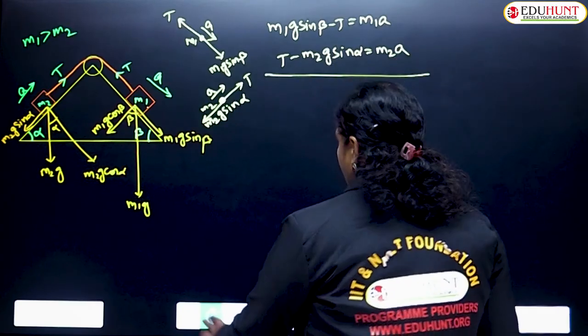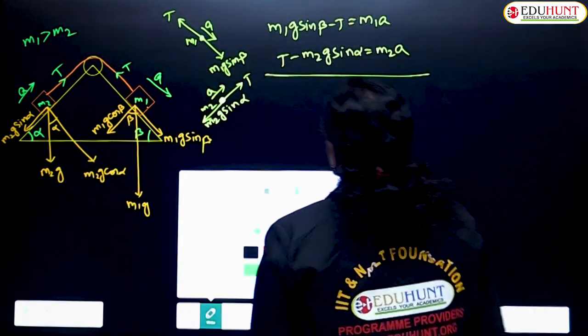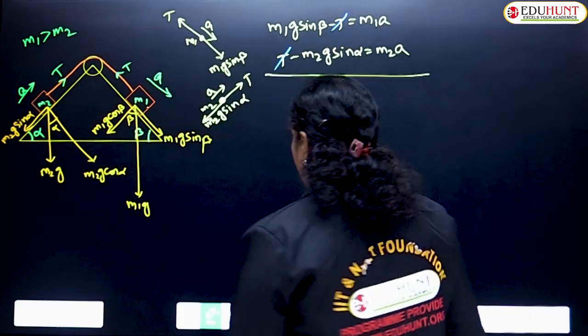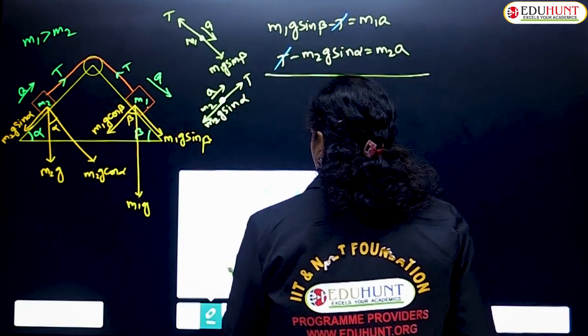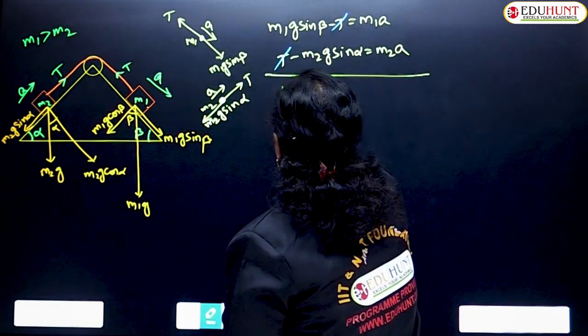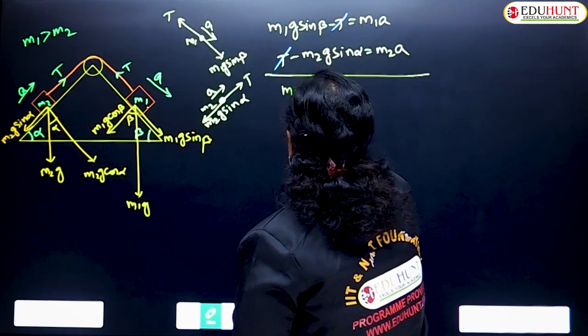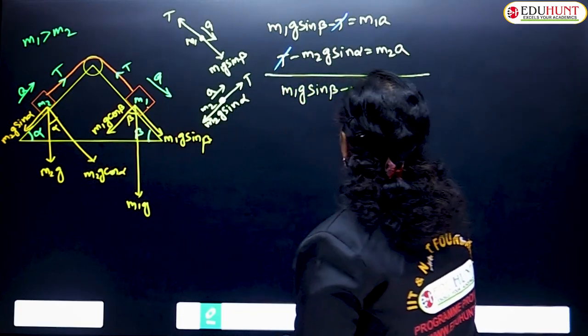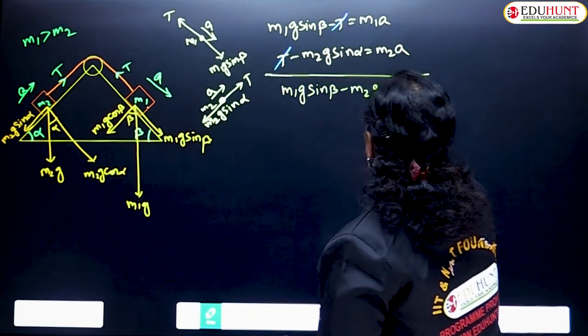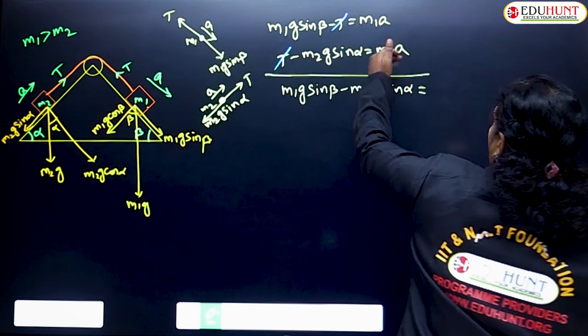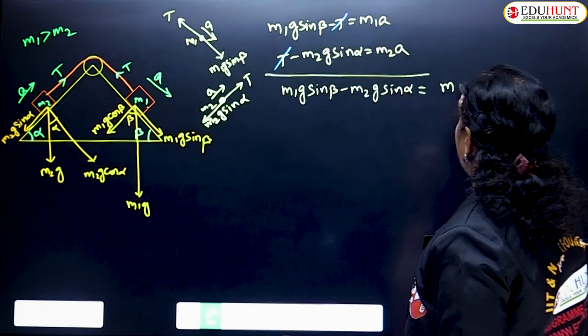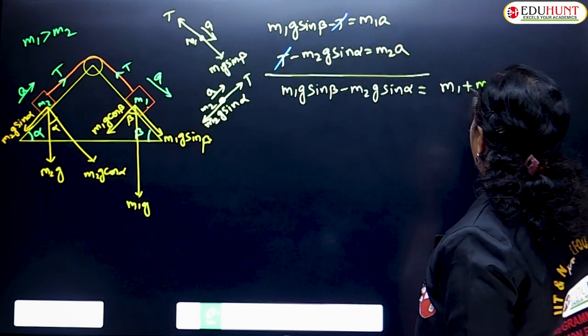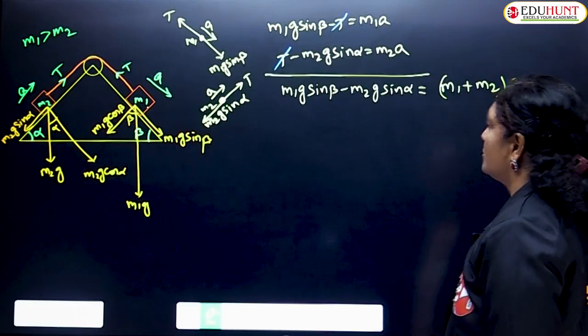Solving the two equations, the minus T and plus T will get cancelled. Then you are left with M1g sin beta minus M2g sin alpha equals M1a plus M2a. Taking out a as common, you are left with (M1 plus M2) into a.